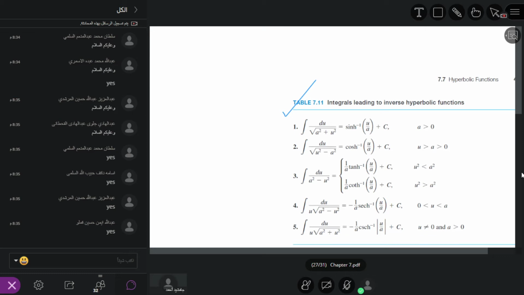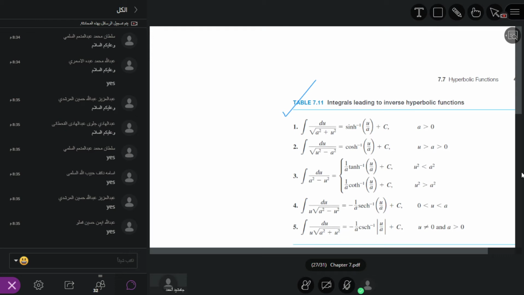First, it is also given to use this property: cosine hyperbolic square x minus sine hyperbolic square x is equal to 1. Okay, I solve this on the top.